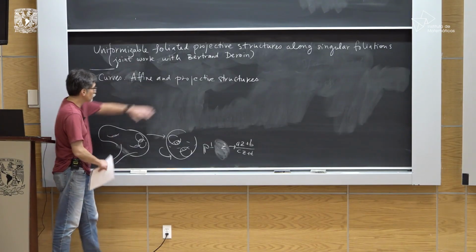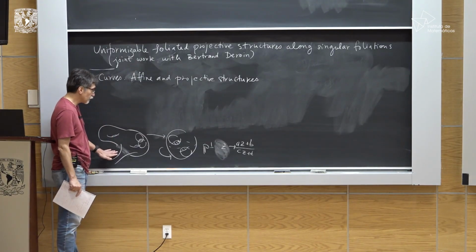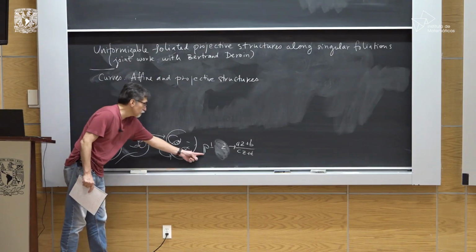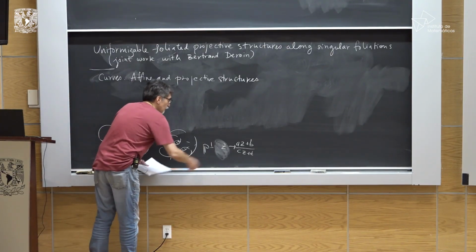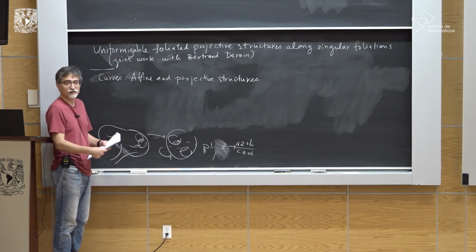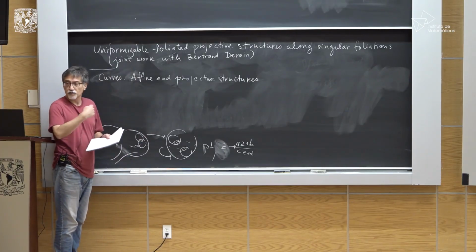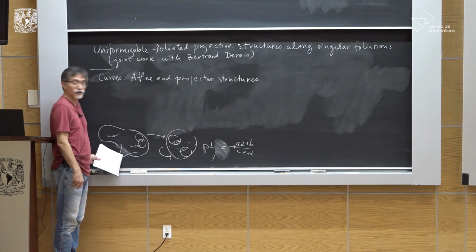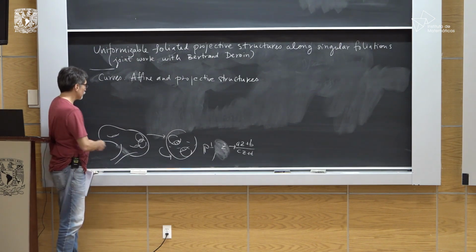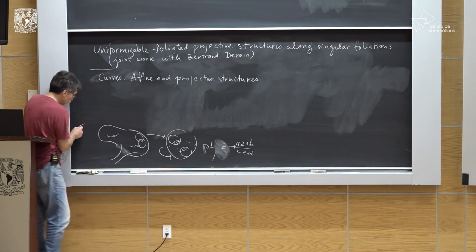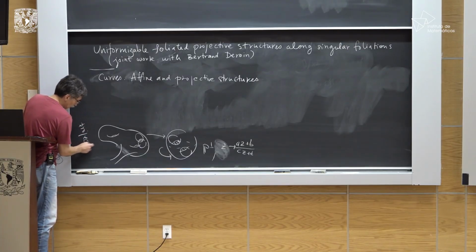So a projective structure on a curve with a given complex structure is just an atlas taking values in the projective line and changes of coordinates given by Möbius transformations. So everything that is local for Möbius transformations makes sense in your curve. Okay? This is a projective structure.